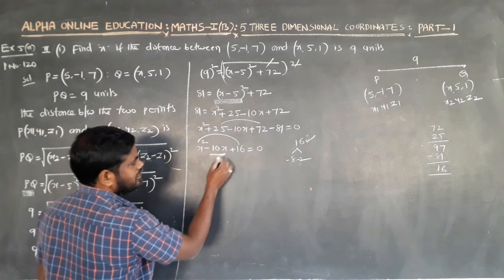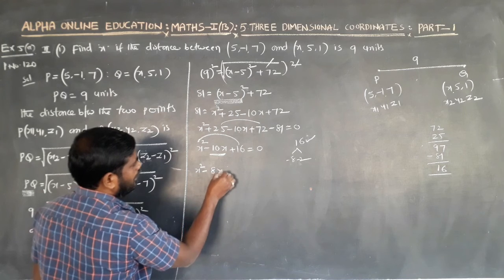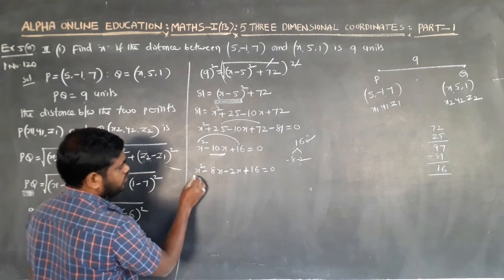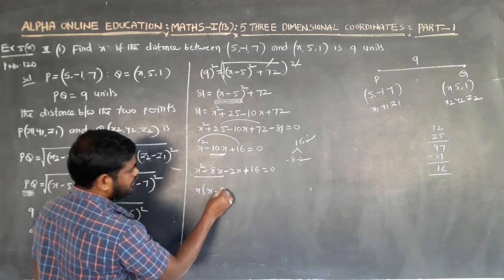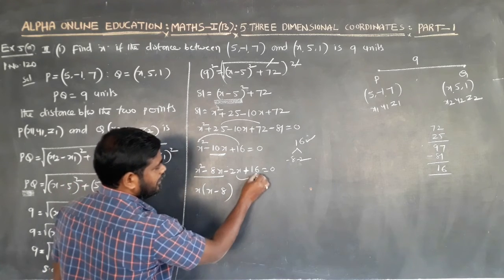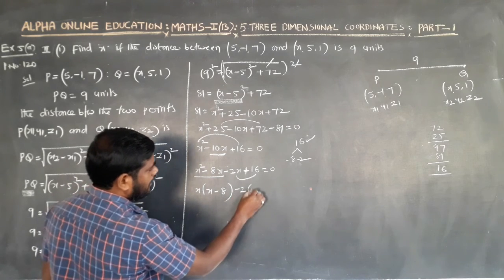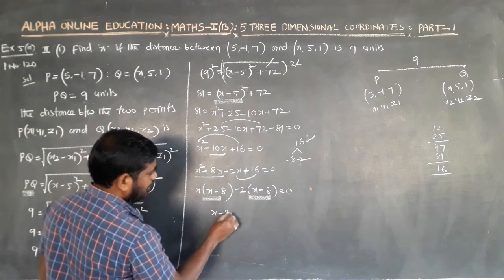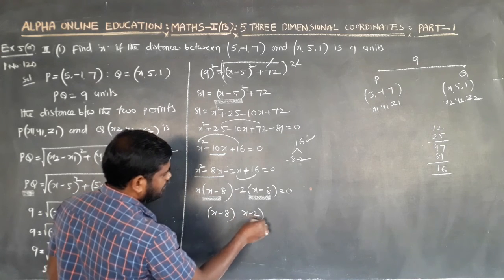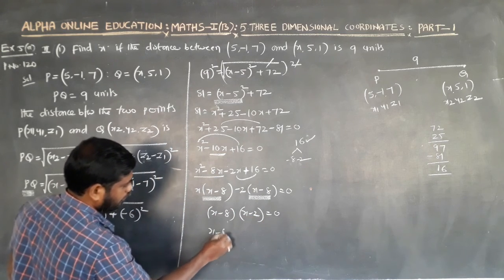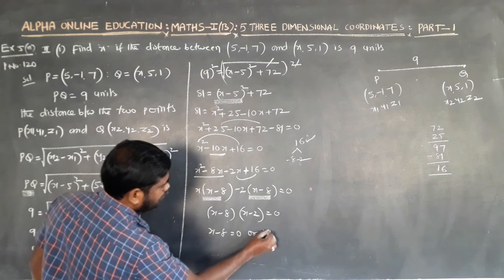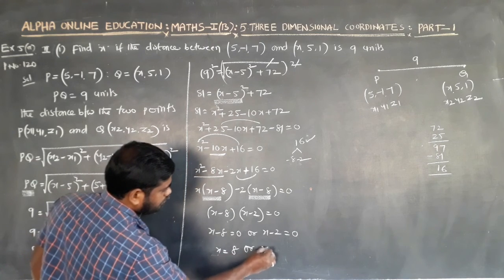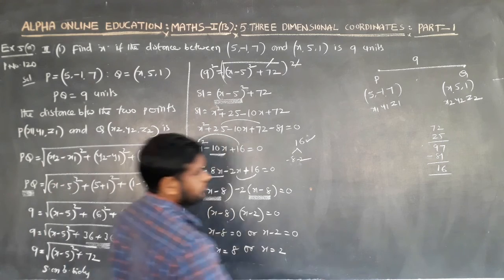So x² − 8x − 2x + 16 = 0. Taking x common from the first two terms: x(x − 8); taking −2 common from the last two terms: −2(x − 8). Then (x − 8)(x − 2) = 0. So x − 8 = 0 or x − 2 = 0, giving x = 8 or x = 2.